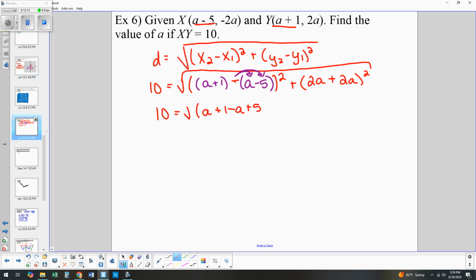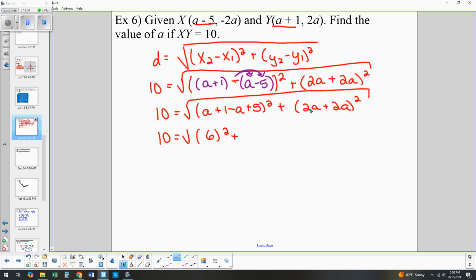So we're going to make that plus 5. All right, so there is our next step. So now I can simplify what's inside the parentheses. So a and minus a cancel, so I'm left with 1 plus 5, or 6. And here, 2a plus 2a is 4a.